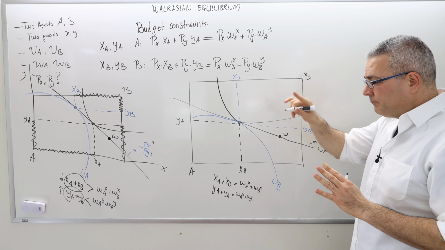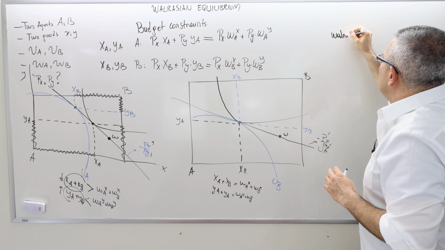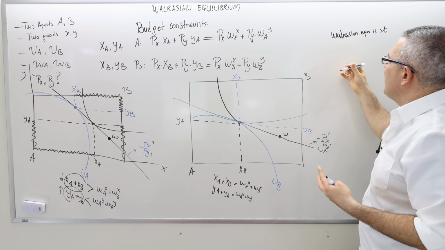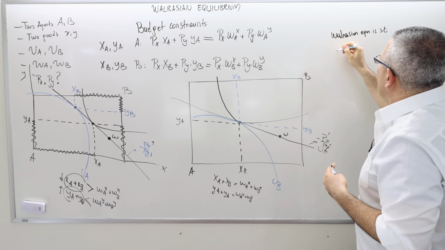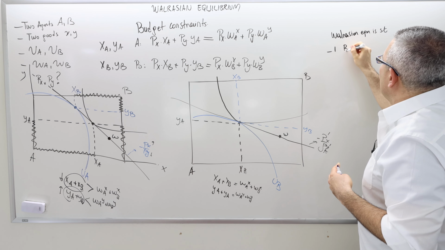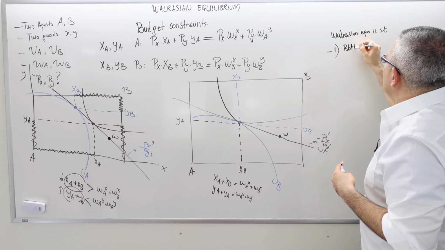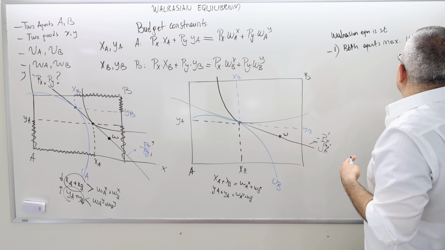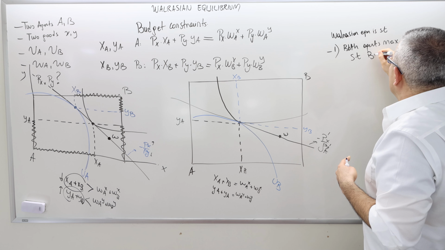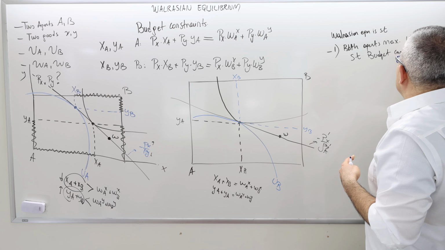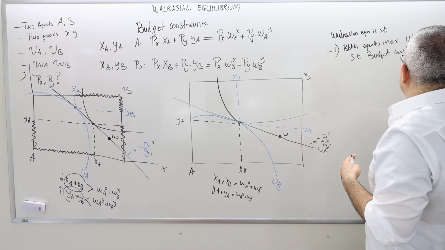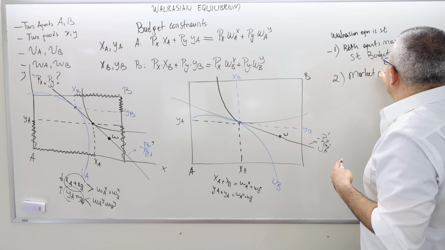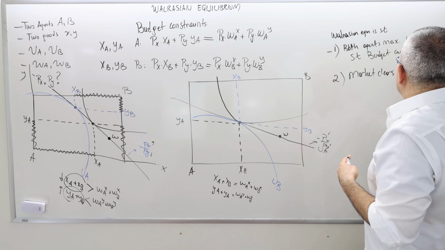a Walrasian equilibrium is an allocation where, one, both agents maximize utility subject to the budget constraint and the PX-PY ratio, and two, the market clears under PX-PY.